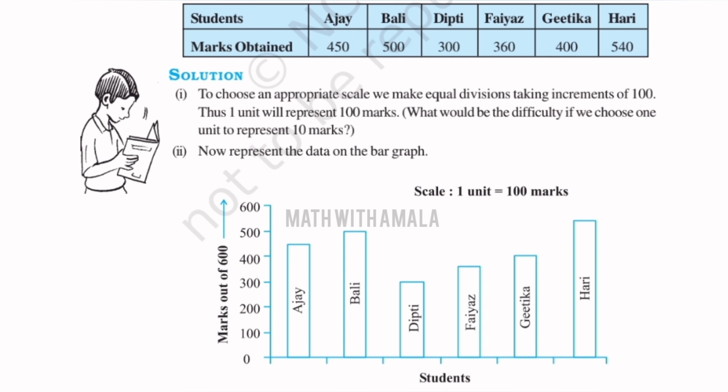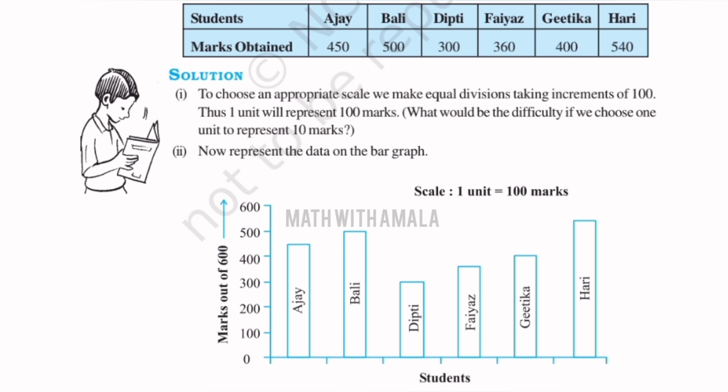Now the first thing you have to do is choose an appropriate scale with equal divisions, taking increments of 100. Here 100 is taken because our numbers are changing in intervals of 100. 450, 500, 300 means they have a variation in 100 intervals. Now 1 unit will represent 100 marks.